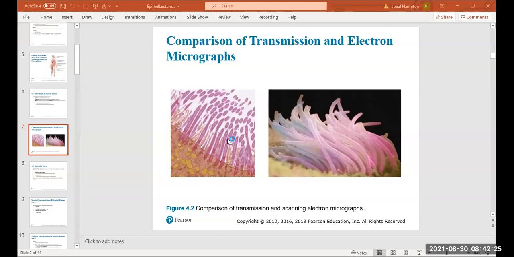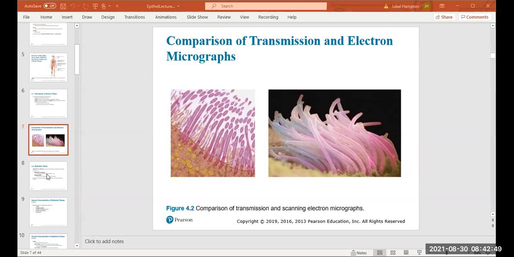Light transmission microscopy is more 2-dimensional. It's exclusively 2-dimensional. Electron, 3-dimensional. So here we're looking at a comparison of cilia, it looks like here. Yeah. And you can see more detail with the electron micrographs.